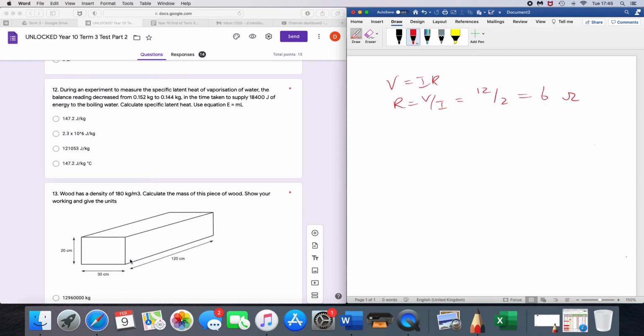Question 12. We have an energy of 18,400 joules. That's being supplied to, well, the difference between these two masses is being evaporated. So we have a mass equal to 0.152 minus 0.144, which is 0.008.